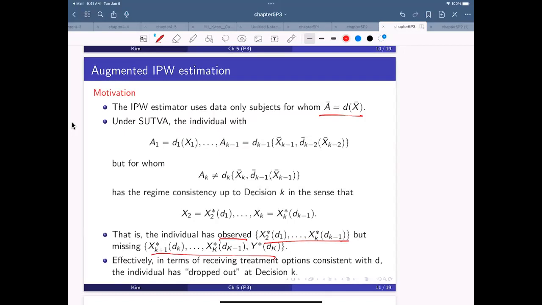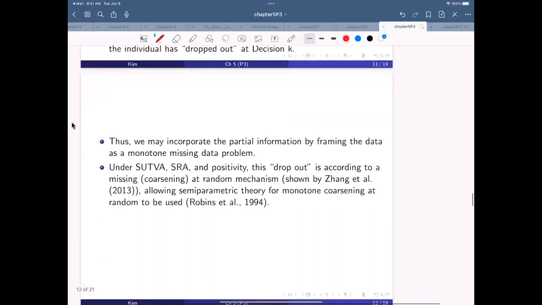That means, in terms of receiving treatment options consistent with D, the individual has dropped out at this point. Okay. That basically brings in the framework of the monotone missing data problem.